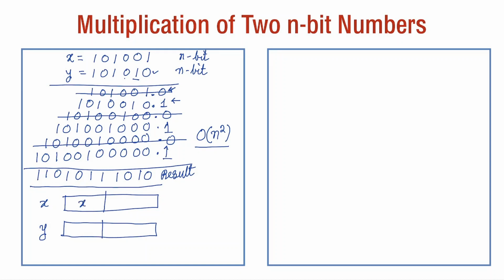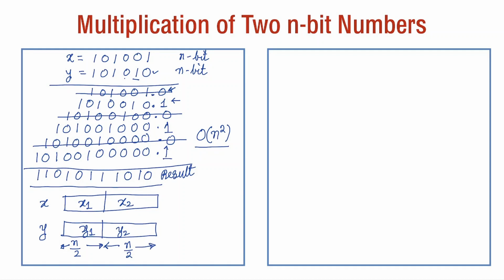So we will call this x1, this x2, this y1, this y2. So we have broken this up into two parts, each of which is an n by 2 bit portion. Similarly, this is an n by 2 bit portion.